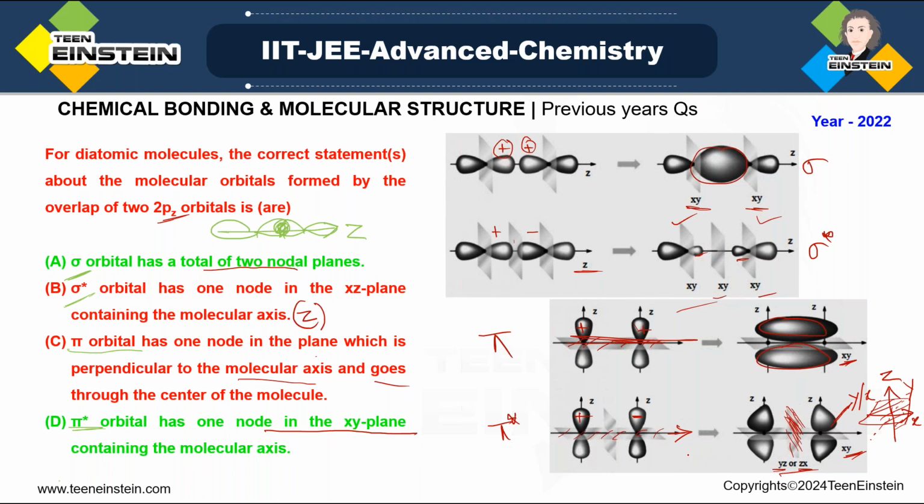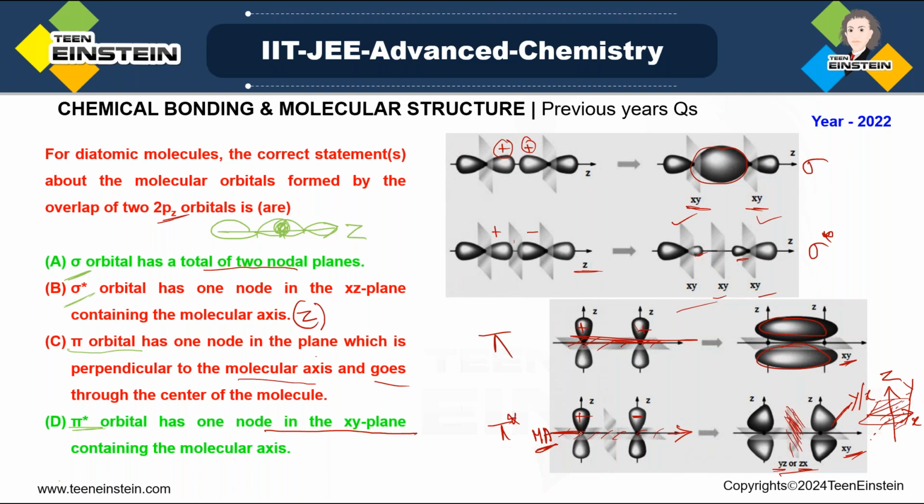So pi star orbital has one node in the xy plane, which is also containing the molecular axis. So this is now the molecular axis MA, not z. Z axis will be the molecular axis only when it is sigma. Okay. So sigma orbital has total 2 nodal planes in the first case that we have seen. So this will be correct.